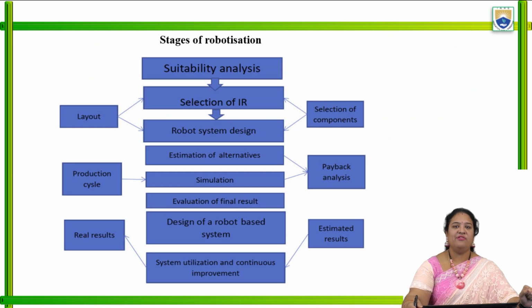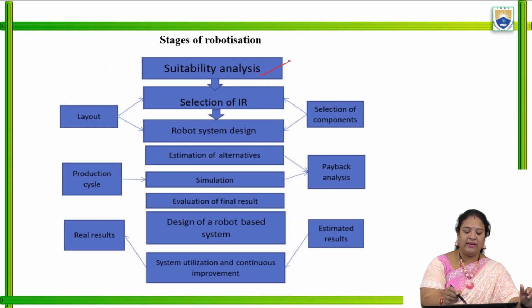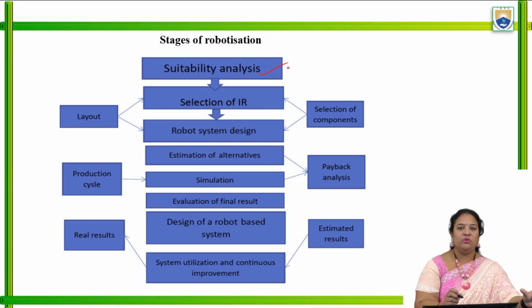Here we can see a flow chart of the stages of robotization which we follow in the design principle of the robot. First we need to analyze what is to be done and how it is to be done. That is suitability, what is the required suitability, and then we come to the selection of the IR.